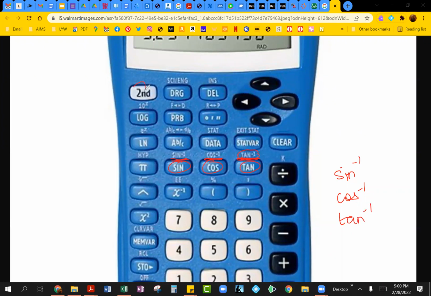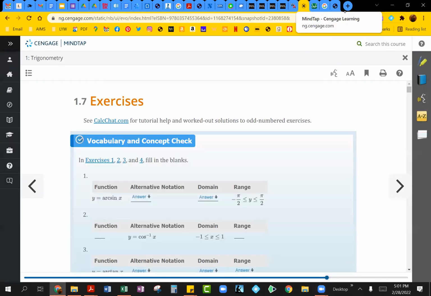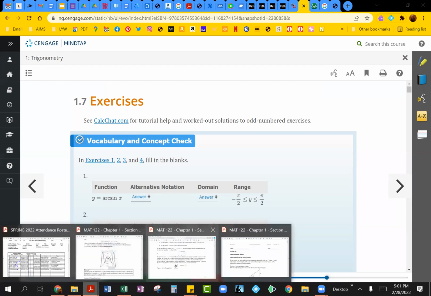You will have to use the second key to get to these inverse functions. Now, if you are using a TI-84, one of those graphing calculators, I think you have to go under a menu option to get to the sine, cosine, tangent, and the inverse functions. But basically, those are the functions we are talking about. So just please remember the difference between cotangent, secant, cosecant, and these arc sine, arc cosine, arc tangent functions.